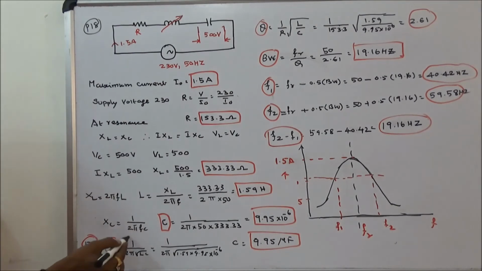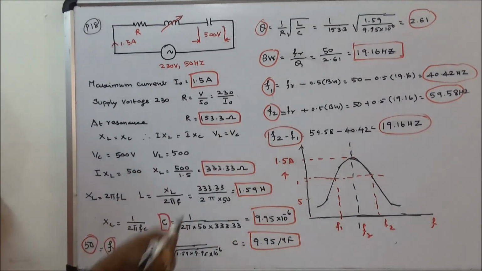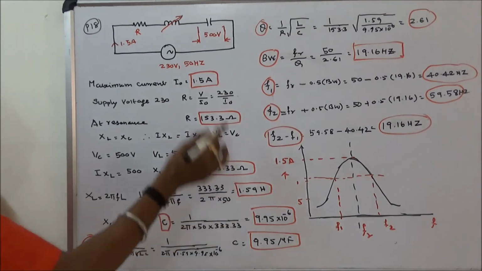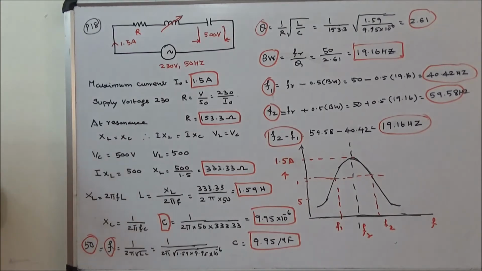Resonant frequency is equal to 1 by 2 pi root L into C. So I substitute L value 1.59, C value 9.95 into 10 power minus 6 in this formula. The resonant frequency is 50. So R value is 153.3 ohms, L is 1.59 henries, C is 9.95 microfarads.